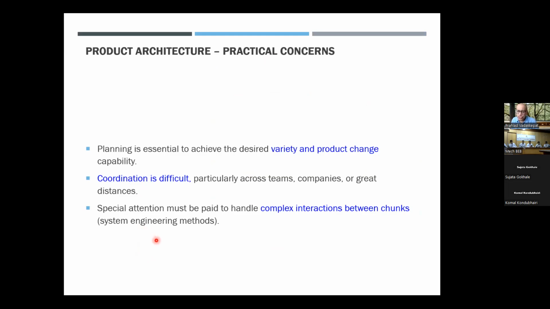So, practical concerns: planning is essential. And you have to have variety and an easy product change capability. And coordination is difficult across teams, companies, and great distances.